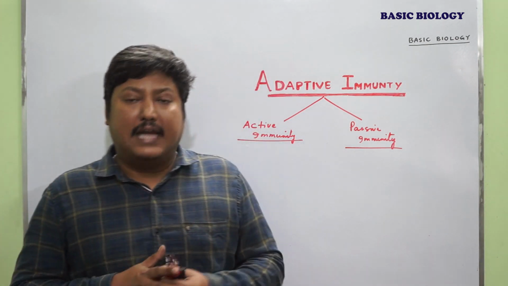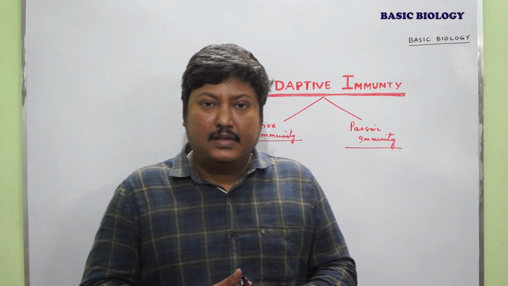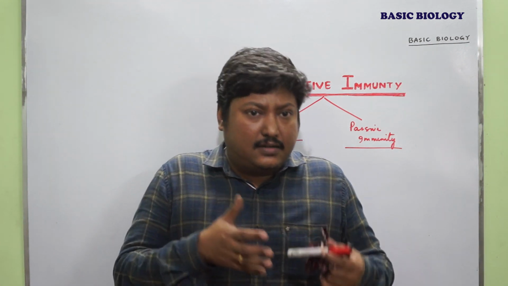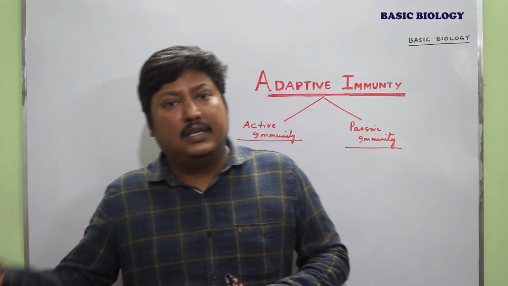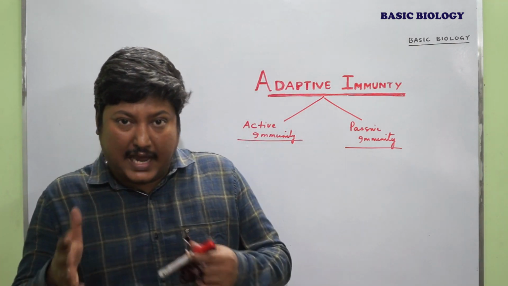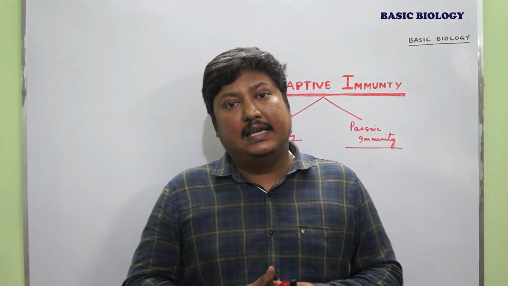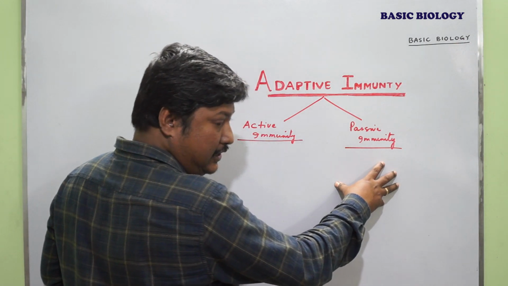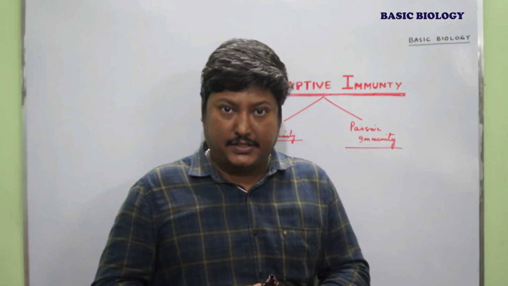Recently in COVID-19, many people were affected and also cured. If scientists can utilize their antibodies to treat other patients, that is also called passive immunity. So in this way we can say active and passive responses together constitute our body's defense mechanism.